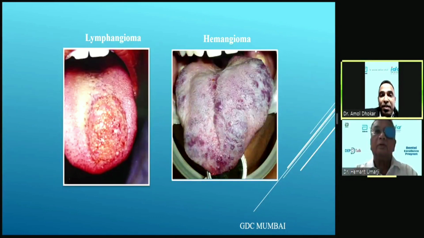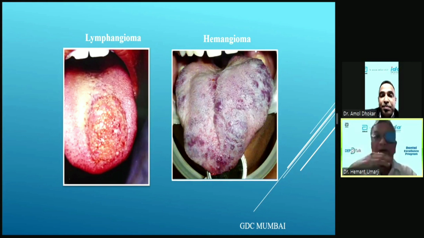I think when we start general practice, we are mainly concentrating on the tooth only. Whenever a patient comes to us, we look at the patient's complaints of pain, and mostly the tooth is carious or mobile. So we concentrate on the tooth and we don't pay attention to the mucosa, tongue, floor of the mouth, cheek, lips, etc. Because we don't pay attention, the normal as well as abnormalities are missed.